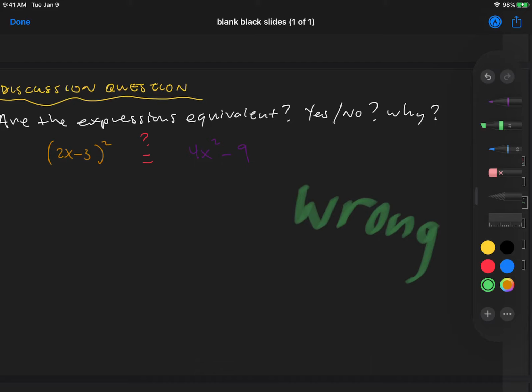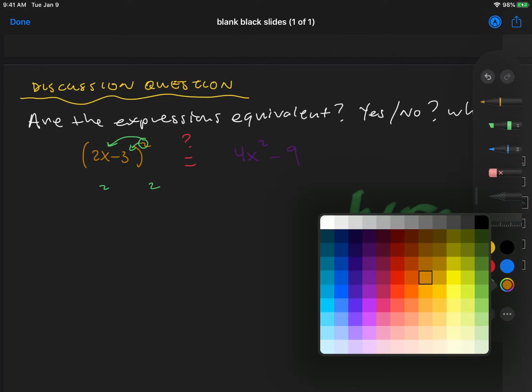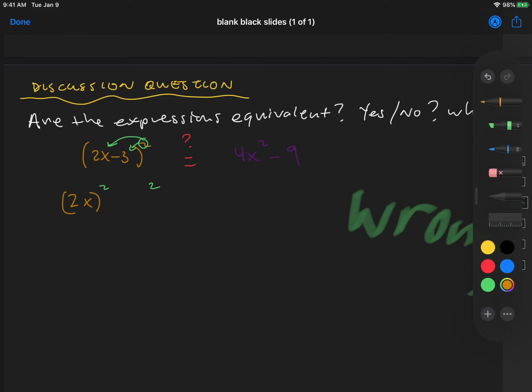So the student might think that you can distribute this power of 2, and so they think that you can get 2x squared and negative 3 squared. Again, this is wrong.